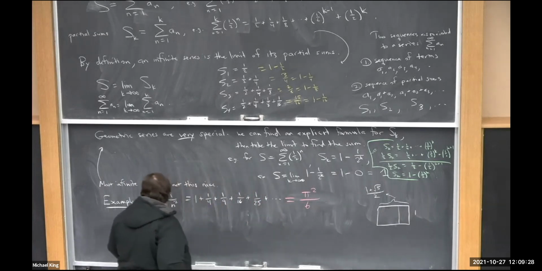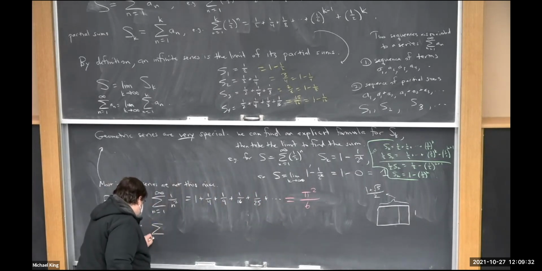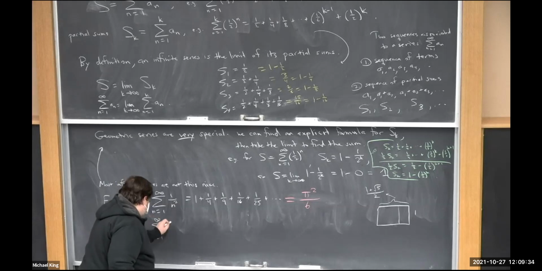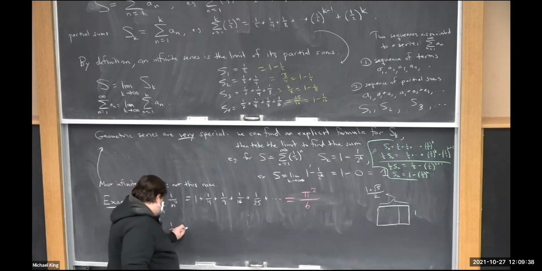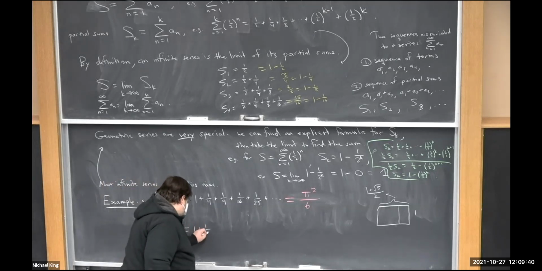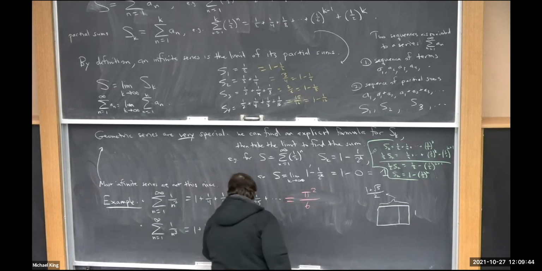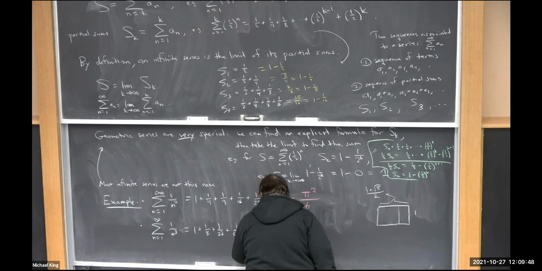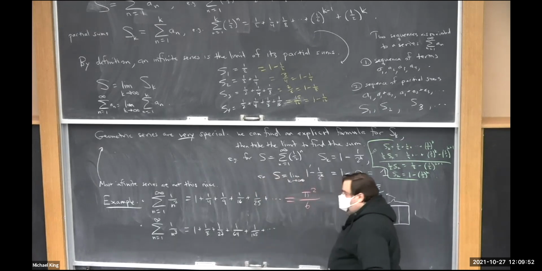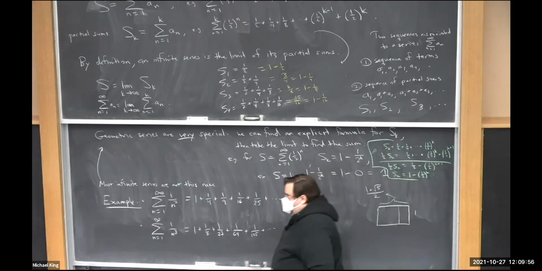I'll say even more. Another example: the sum of 1 over n cubed. That's 1 plus an 8th plus a 27th plus a 64th plus a 125th, and so on. Again, this is approximately something.